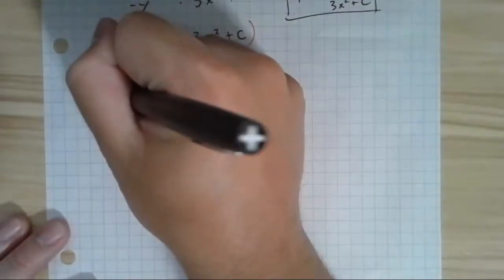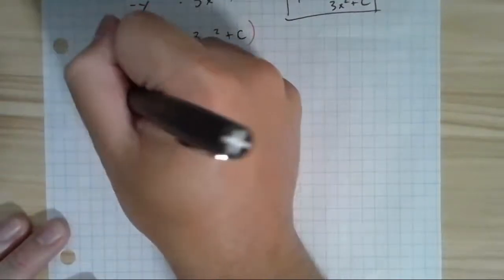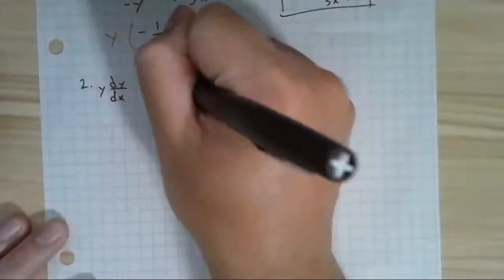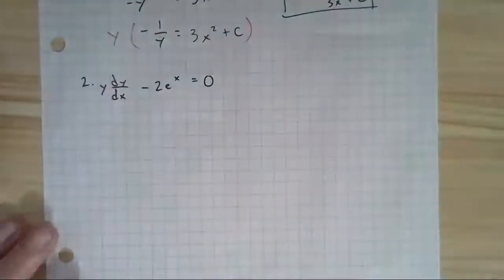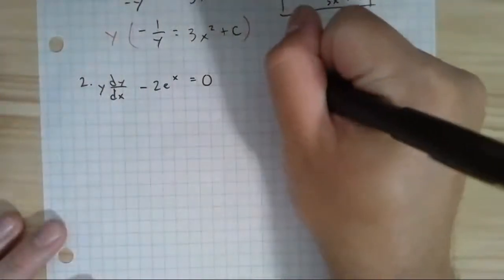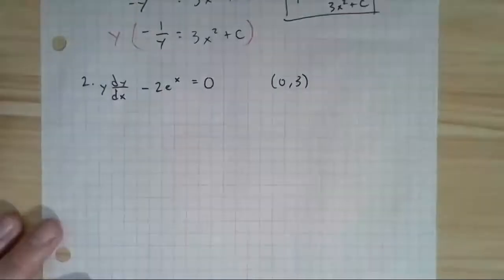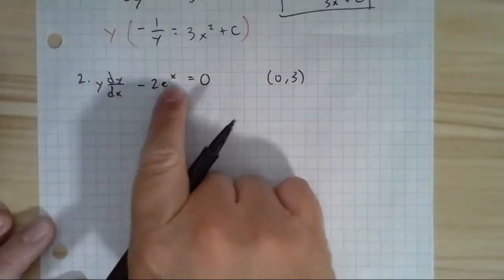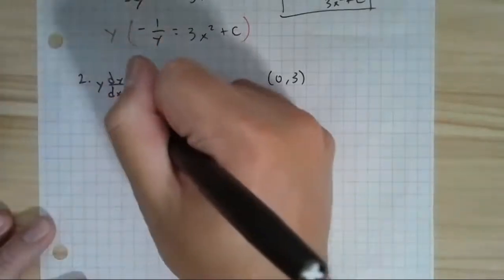So we're working with y dy/dx minus 2e to the x is equal to 0. Okay, and we have this point here, 0, 3. So first thing I'll do is I am going to add the 2e to the x over to the right side.